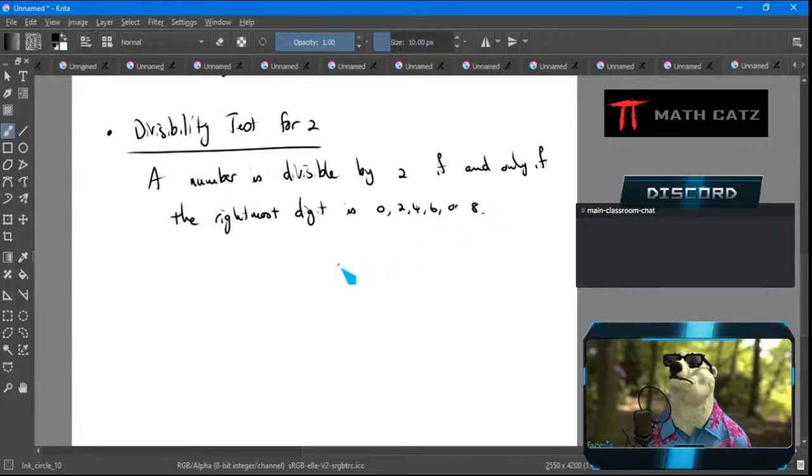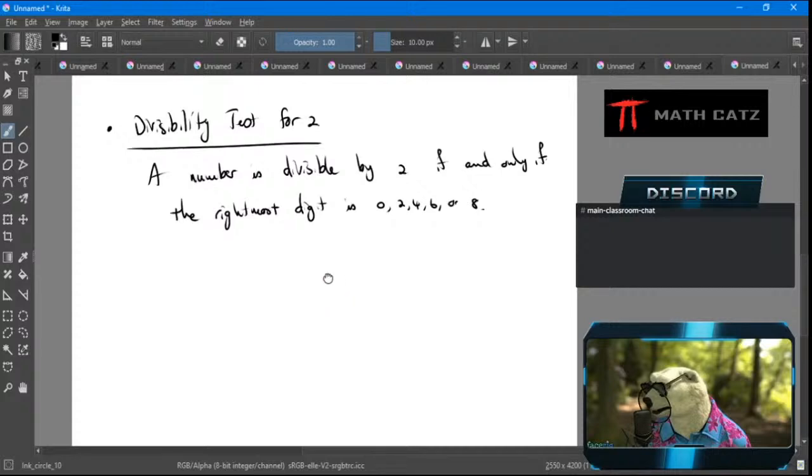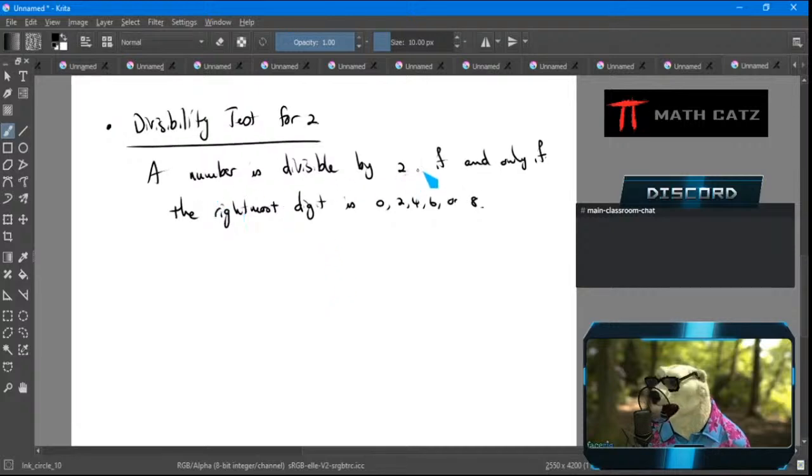But it is tempting to say a number is divisible by 2 if it's even. That's not really correct, because what is even? A number is called even if it's divisible by 2. So if you think about this a little bit, if you say a number is divisible by 2 if and only if it's even, then you're not actually saying anything.